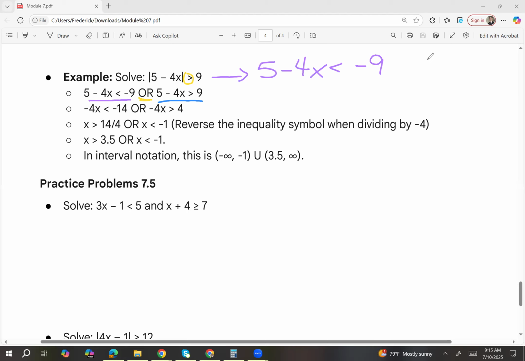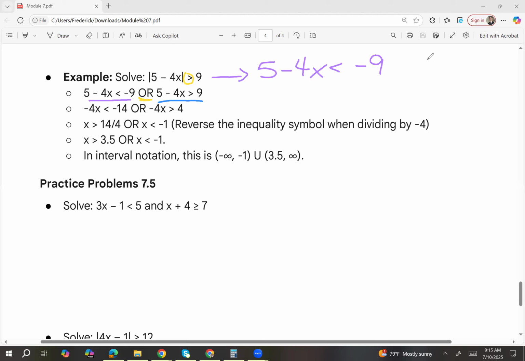Then we're going to solve both of these, and I want to break out and show you for this first one. So I'll just continue in the purple for the first one. What gets us to that part that you see there, -4x less than -14? Well, that's recognizing that there's a number minus a variable less than a number.